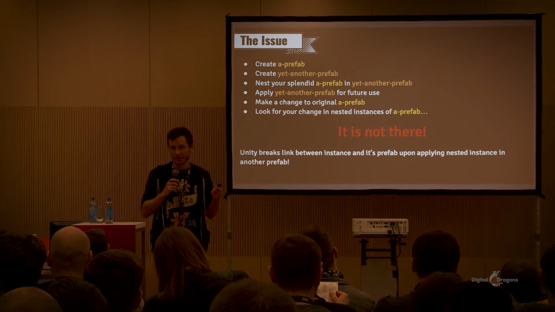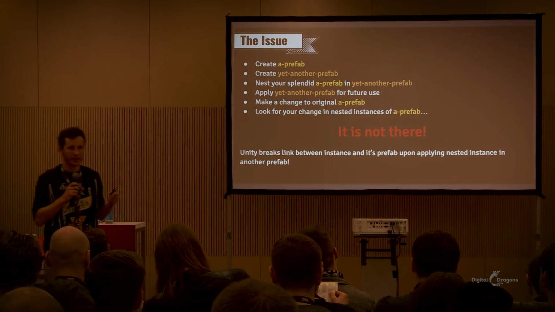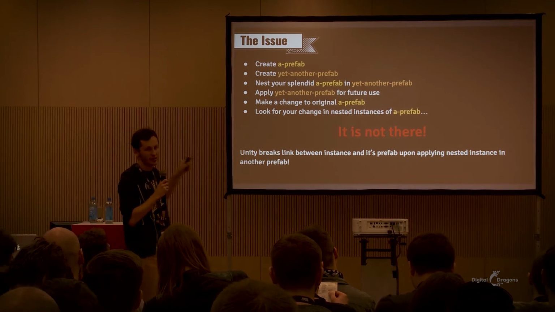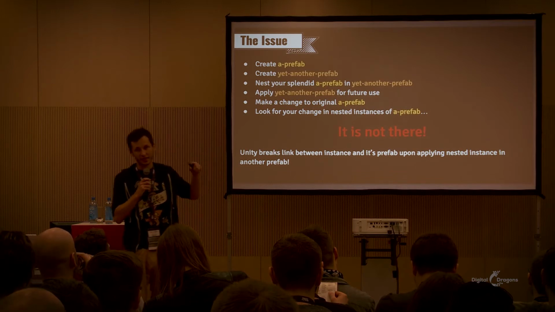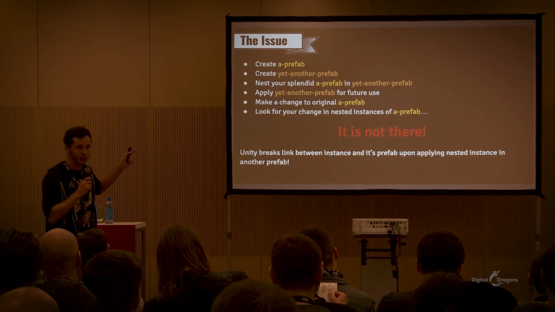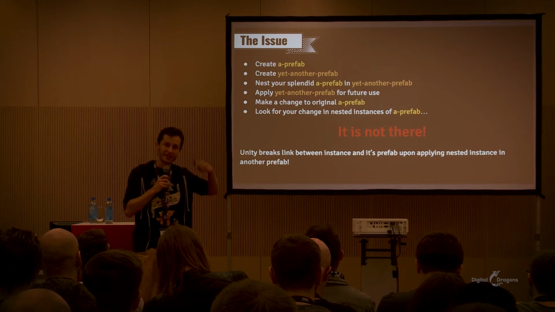But then if we want to change the looks of the buttons, we go back to the original button prefab and change it. But if we go back to our confirmation window, the change is not propagated to the button nested in the window.